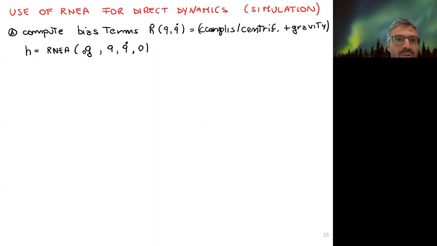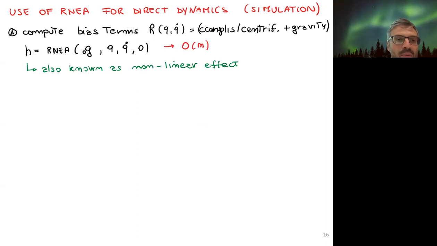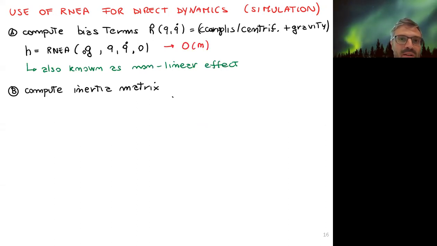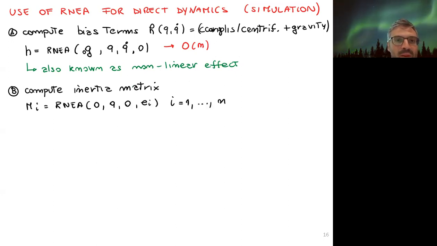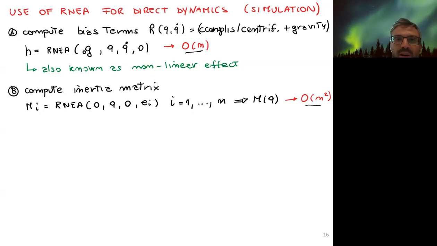These are also called nonlinear effects, so the sum of gravity and Coriolis. We compute the inertia matrix, and we are doing it for each column. So this is linear complexity, because we do one forward pass and backward pass.